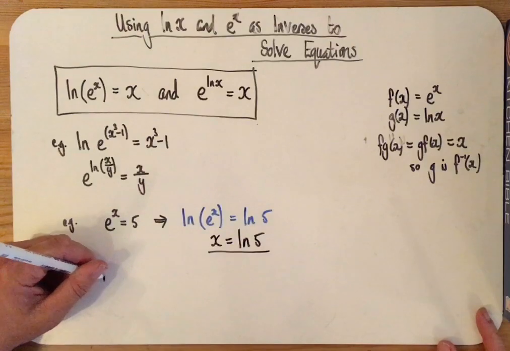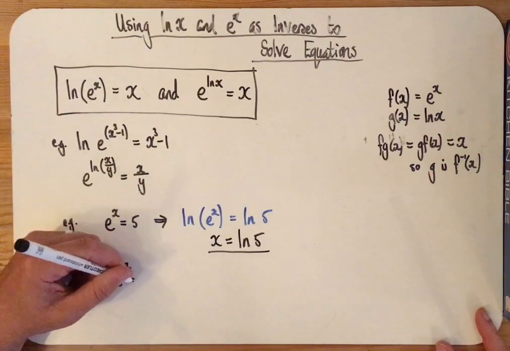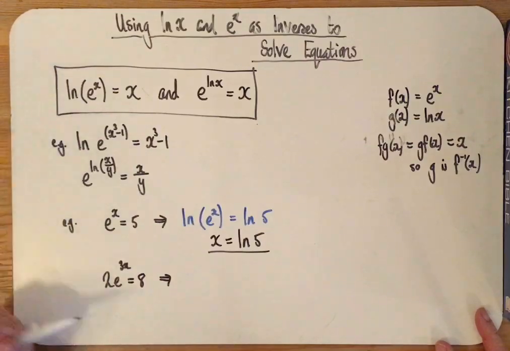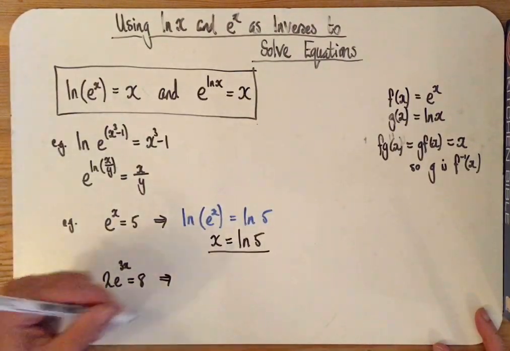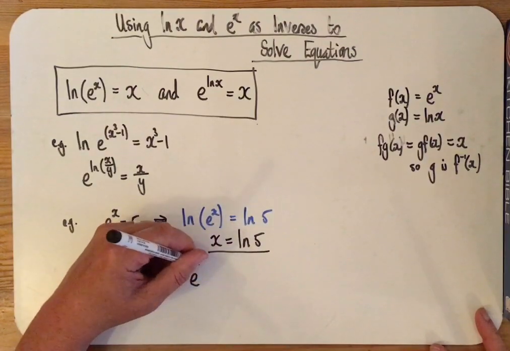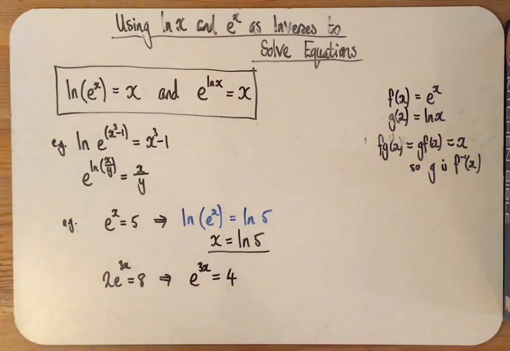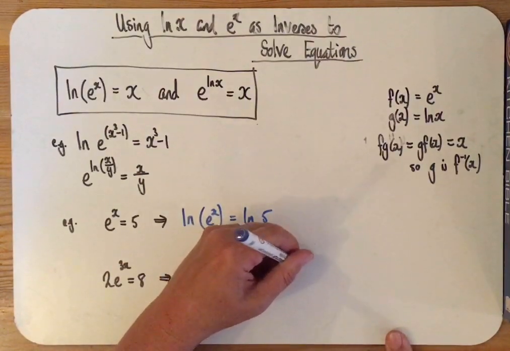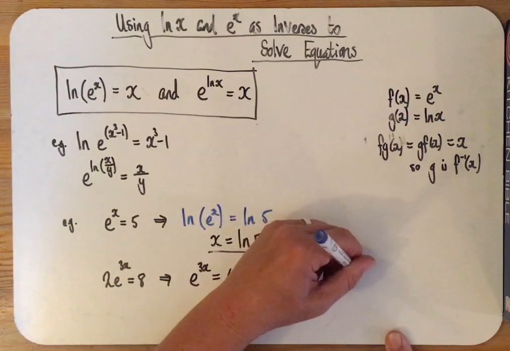If instead of this you have 2e to the 3x equals 8, you can do a similar thing. The thing you need to be careful of is that you get e on its own, on one side of your equation, before you do ln. So I can divide by 2, and then 3x will equal ln 4, but the logic, because there's a slight shift in logic, is that ln of e to the 3x equals ln 4.